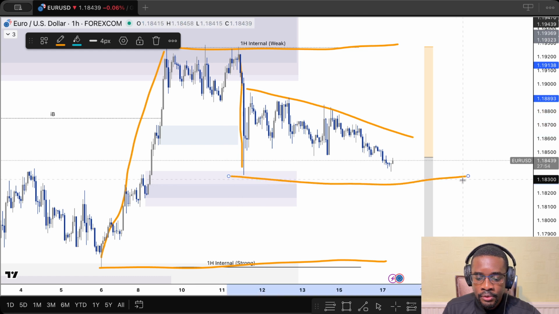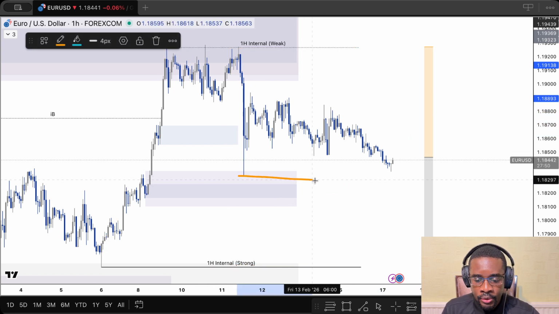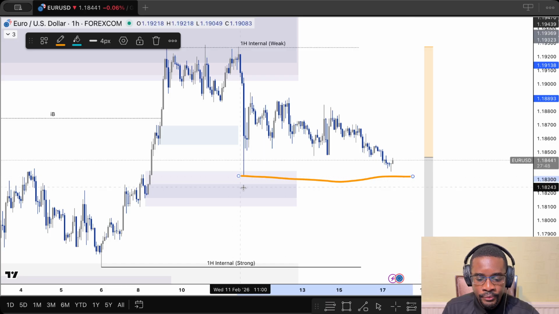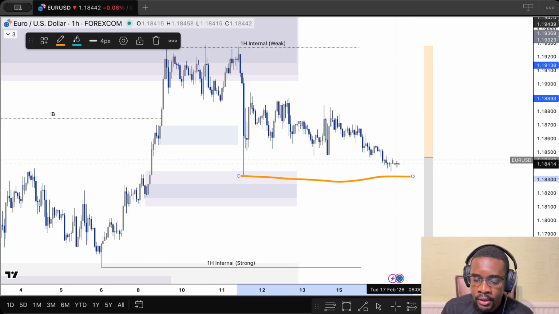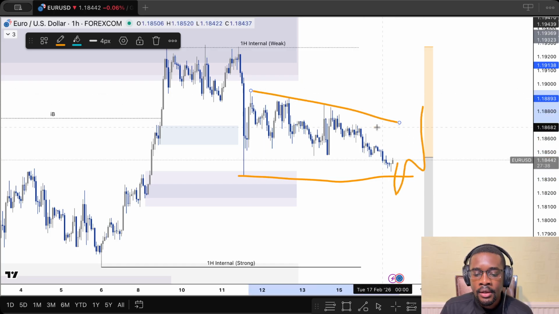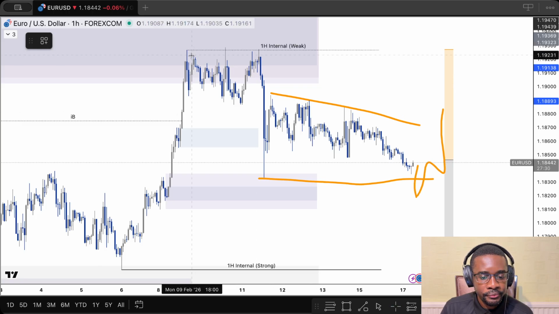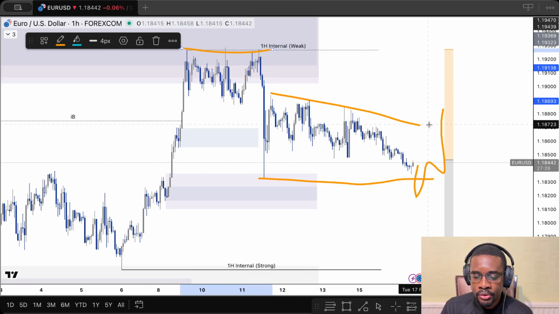Which is why I'm saying I'm going to wait for a sweep of this low. Once this low gets taken, then start looking for reasons to go long, because we have that trend line to target, and then we have relatively equal highs to target at the top.